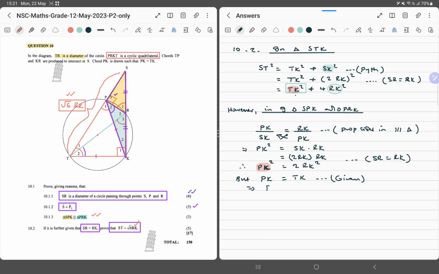This implies that now PK squared is equal to TK squared. Therefore, we can say TK squared is equal to, what is PK squared? Is 2RK squared. Now, this implies that now ST squared is going to be, instead of TK squared, we're going to put 2RK squared plus 4RK squared, which is 6RK squared.